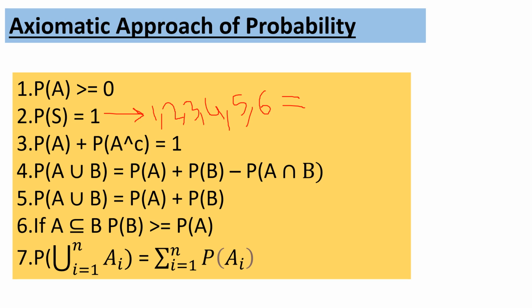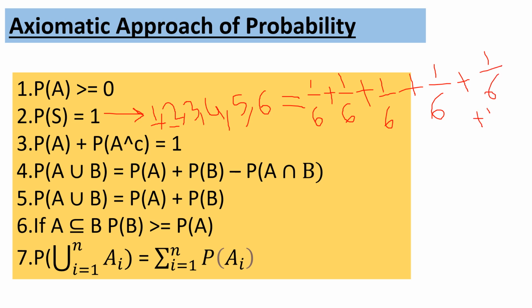And if you take the probability of this sample space, it is the probability of getting a face of 1, which is 1 by 6, plus the probability of getting 2, also 1 by 6, and the probability of getting 3, also 1 by 6, and the probability of getting 4, also 1 by 6, plus the probability of getting 5, also 1 by 6, and getting 6, also 1 by 6.